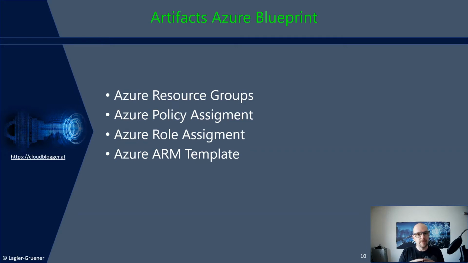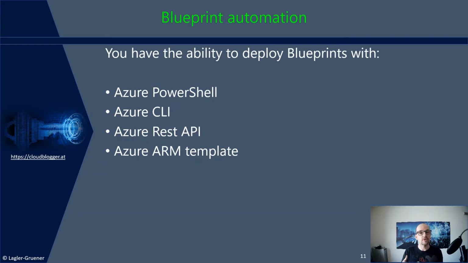Okay, now we know the permission levels, we know why we should use Azure Blueprint, we also know the artifacts, and now we can go one step further and talk about automation. You can create blueprints over the Azure portal, so we do this in the live demo in a few seconds.